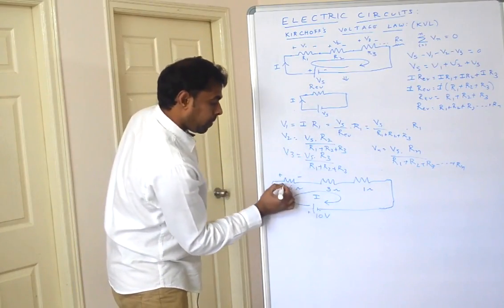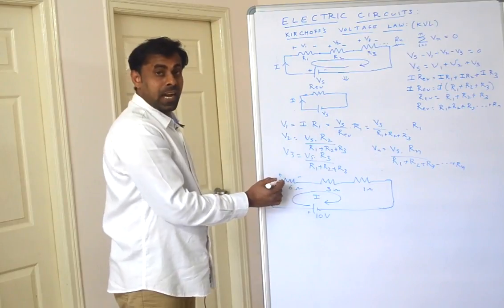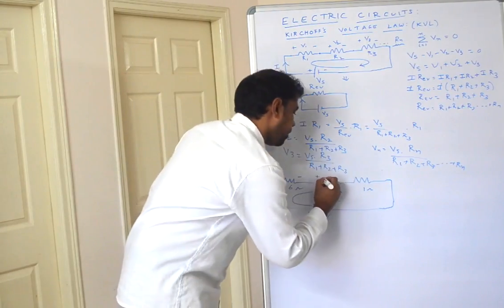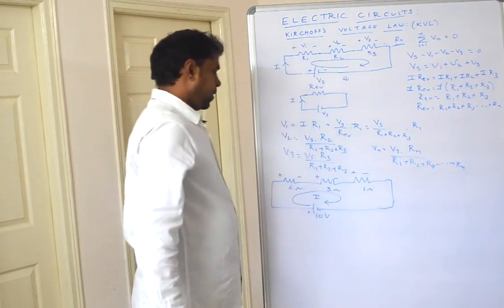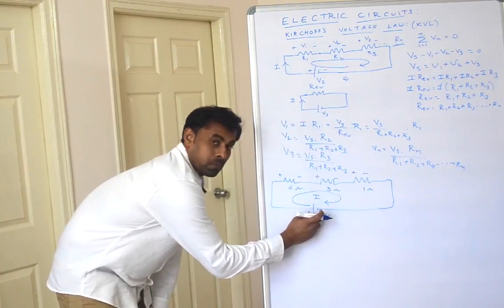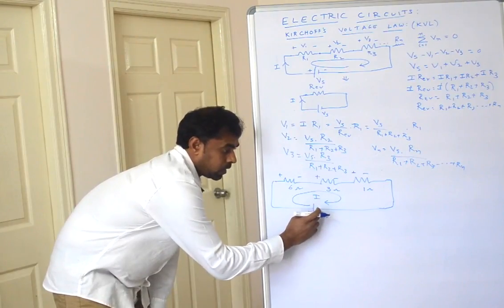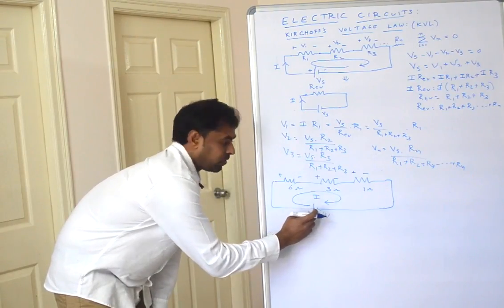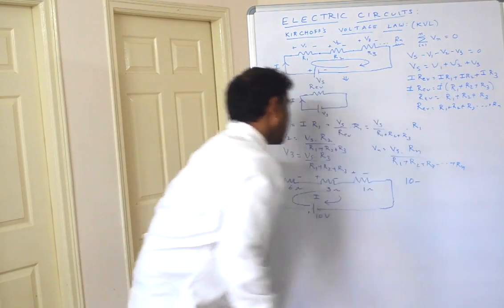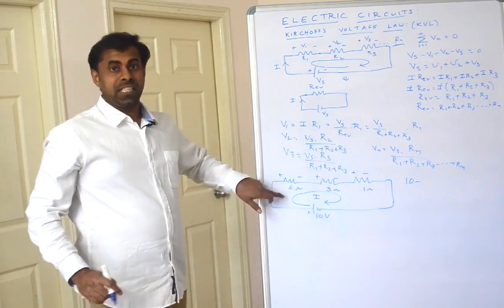In the resistance, the current enters at the positive terminal and leaves at the negative terminal, so there will be a drop. So if I apply it here, there will be a rise from negative to positive terminal. That means 10 minus the drop across each resistor.